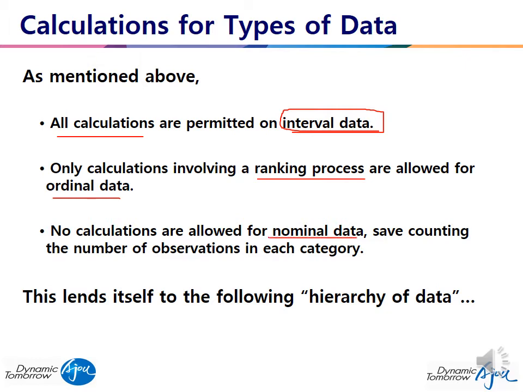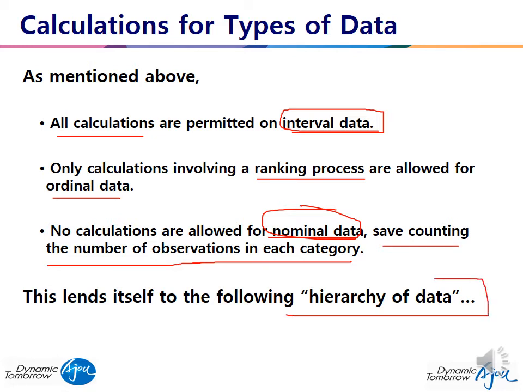No calculations are allowed for nominal data, but we can count the number of observations in each category. So this lends itself to a hierarchy of data, which we will see in the next slide.